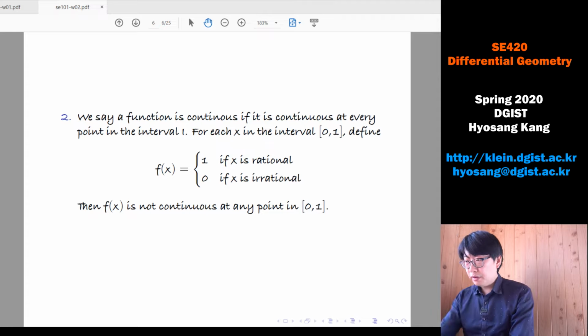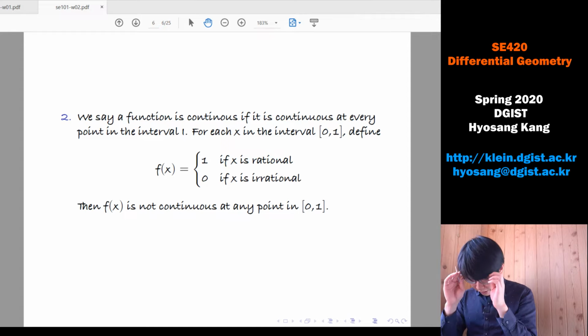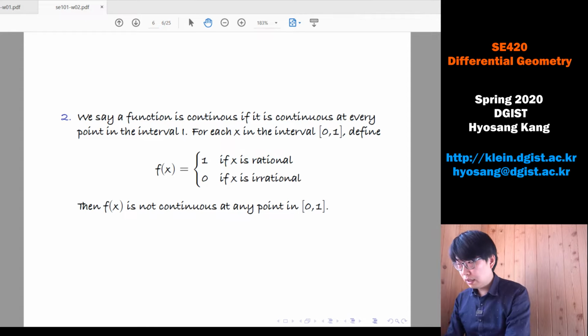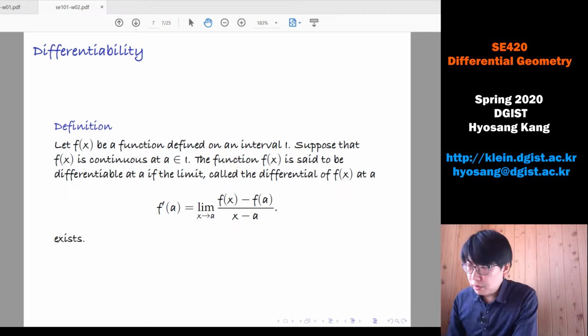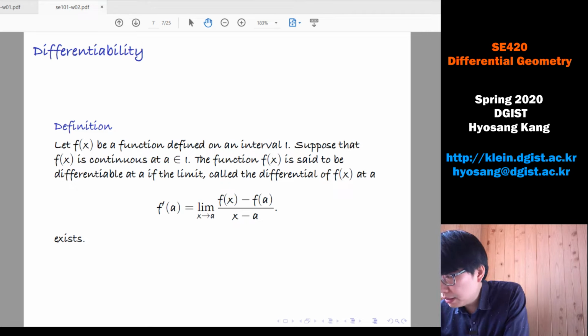And also this is another example of non-continuous function, and this is also a standard example in mathematics or analysis, but right now we don't need that. So let me define differentiability and differential of function.